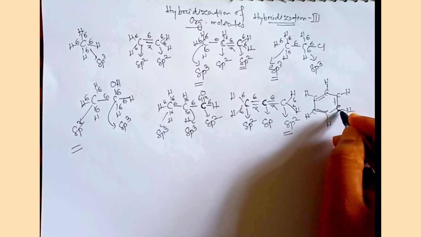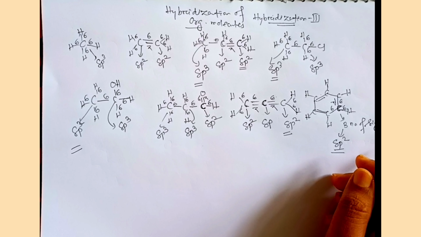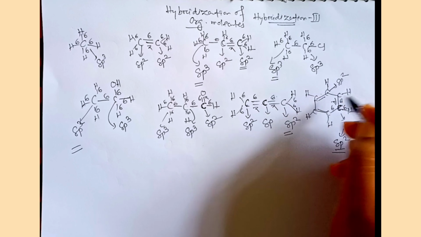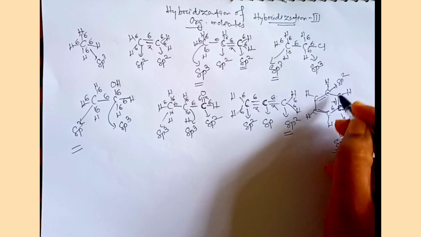Each carbon has 1 sigma bond, 2 sigma bond, 3 sigma bond, and in between the two carbon, one is sigma, the other is pi. So in total this carbon is surrounded by 3 sigma bonds, so the hybridization will be sp2. Here every carbon is like that, so every carbon is sp2 hybridized.